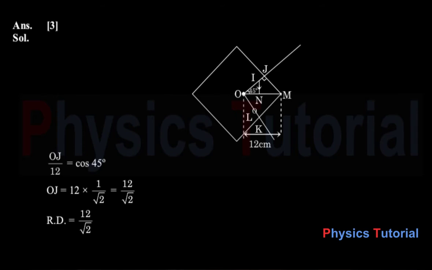So let's start. If we draw the schematic diagram here, this is OI, let this be J, this be M, and here drop the perpendicular, that is N, and let this other position be L. So OJ upon 12 is cos 45 degrees. So you can find the real depth, that is 12 by root 2.